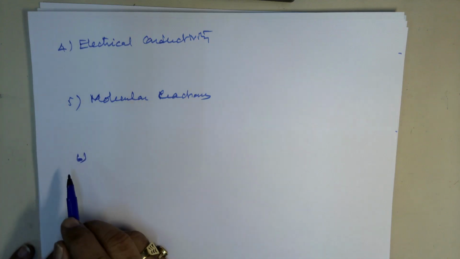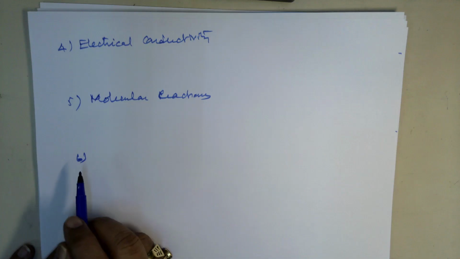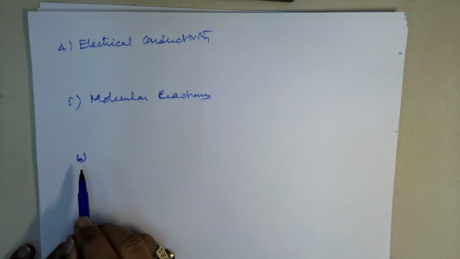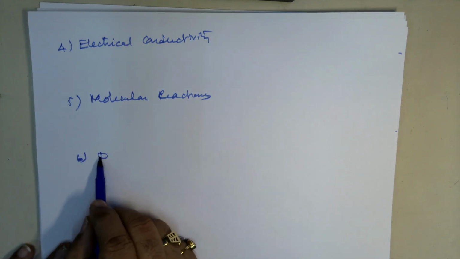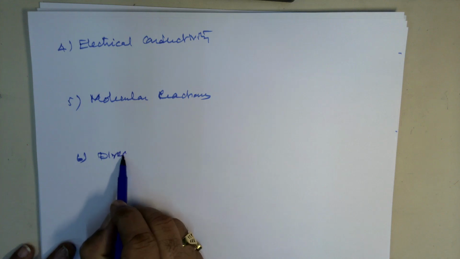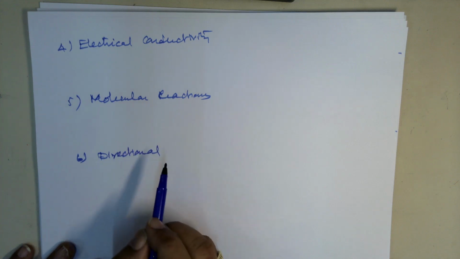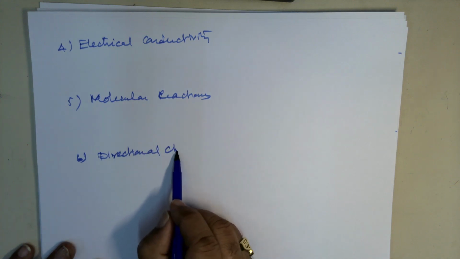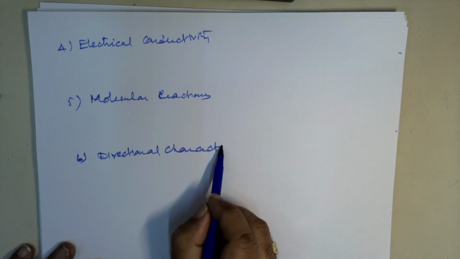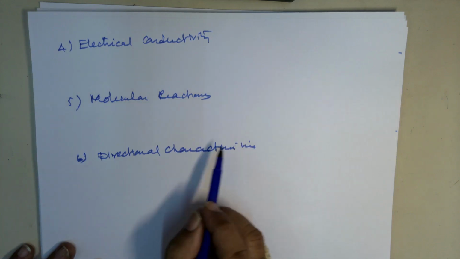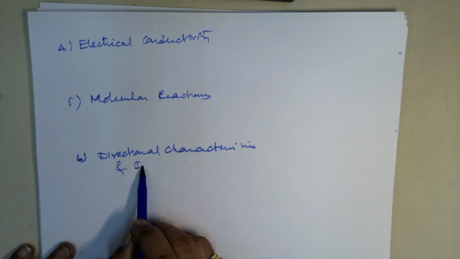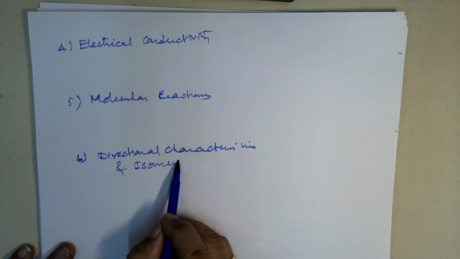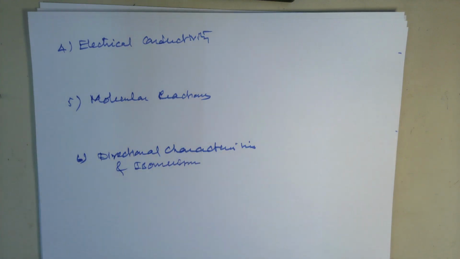So these are all the important characteristics of covalent compounds: directional characteristics, and more importantly, the isomerism. Now let us discuss one by one.